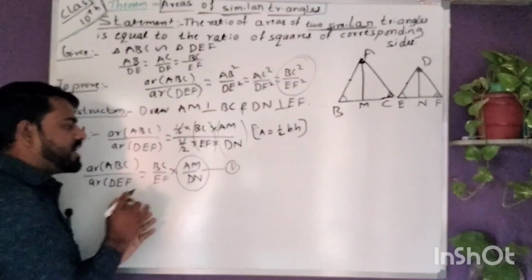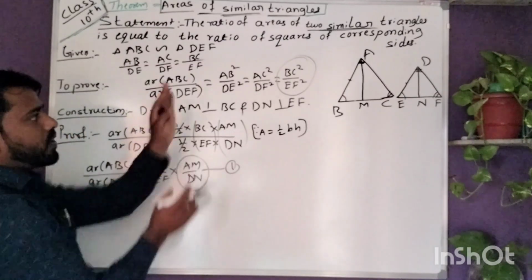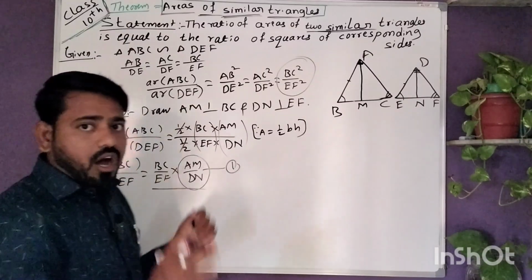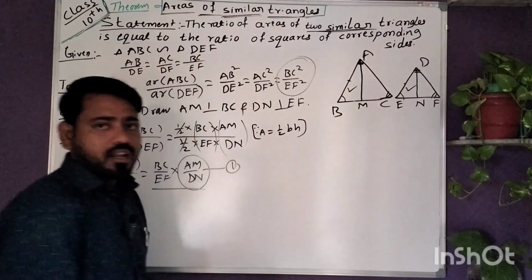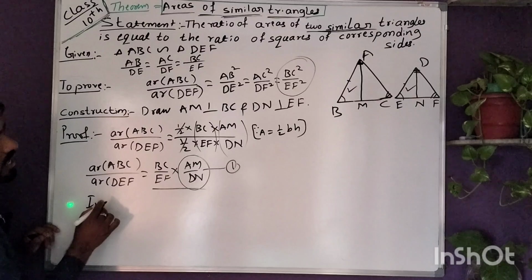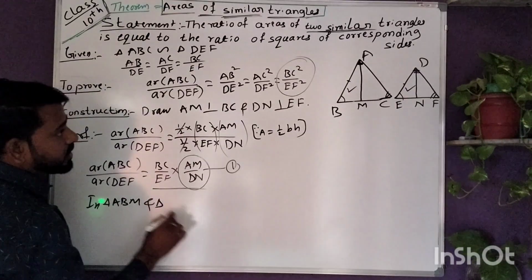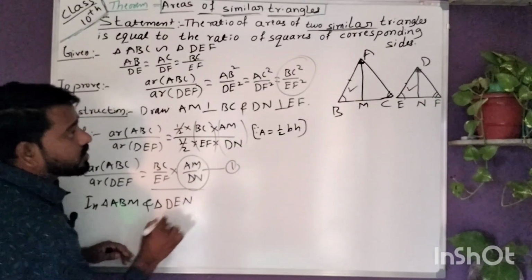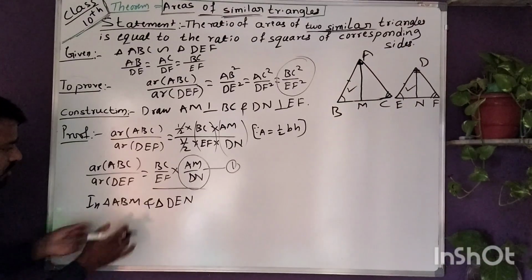So in place of AM by DN, these two ratios must become equal. To do so, we prove that this triangle and this triangle are similar. Consider triangle ABM and triangle DEN. You already know the criteria for similar triangles. First we check which things are equal in these two triangles.